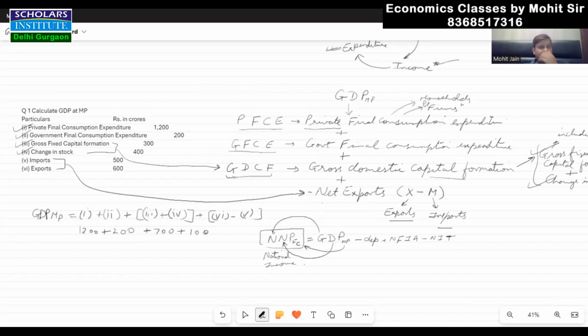Okay. So GDP will come out to be, what will be the GDP? 2200. Yeah. 1200 plus 200, 1400 plus 700 plus 800. 1400 plus 800 will be 2200.